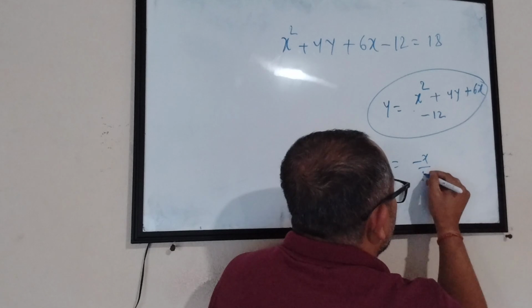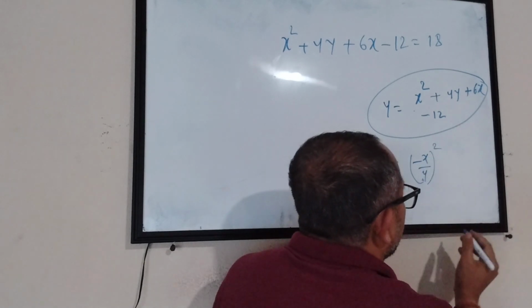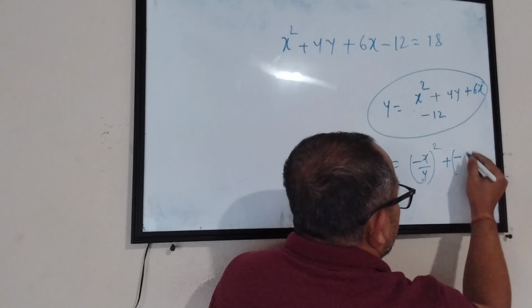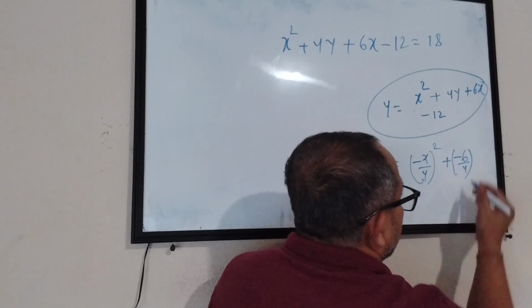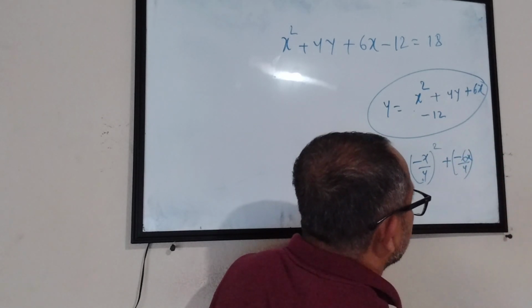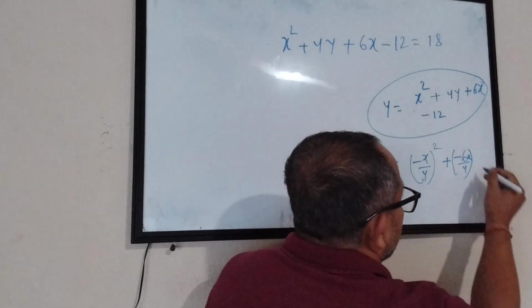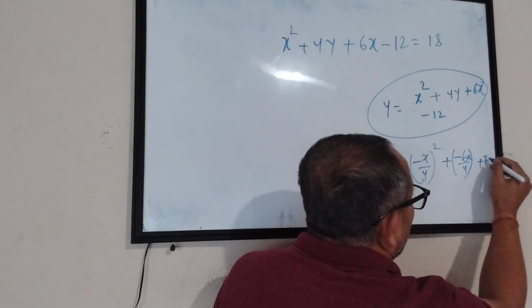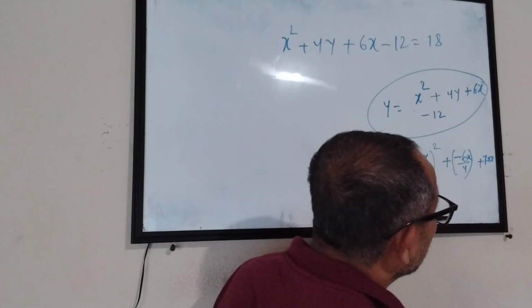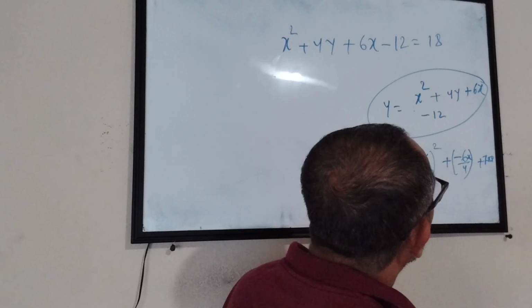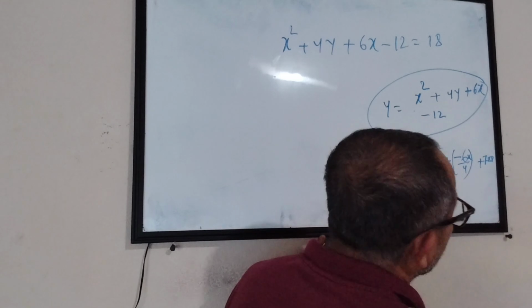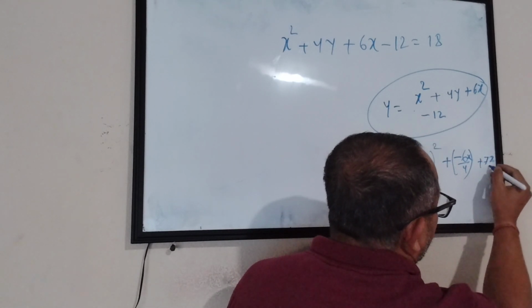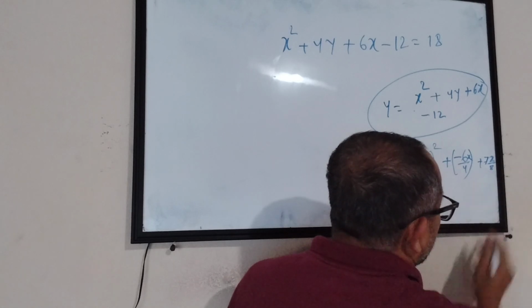Negative x by 4 squared, plus negative 6 by 4 x, plus 7 and 2 divided by 8, like a mixed number. Okay.